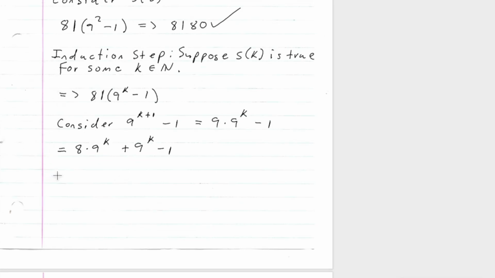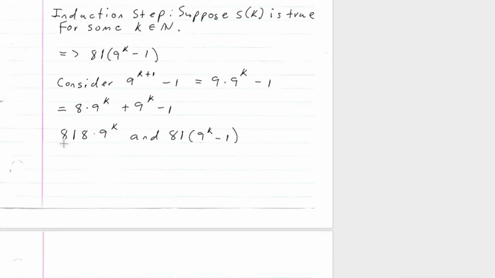Well, of course, 8 divides 8 times 9 to the k, right? Because 8 is a multiple in there, so of course 8 divides it. And we assumed that 8 divides 9 to the k minus 1, right? So if 8 divides 8 times 9 to the k, and 8 divides 9 to the k minus 1, then surely 8 divides the sum of these, right?